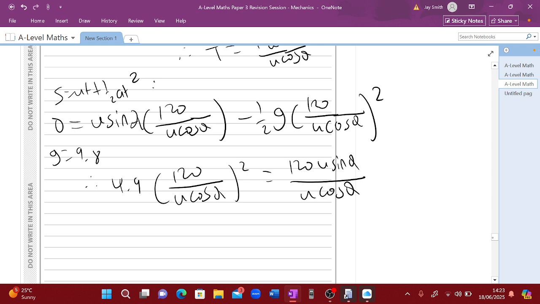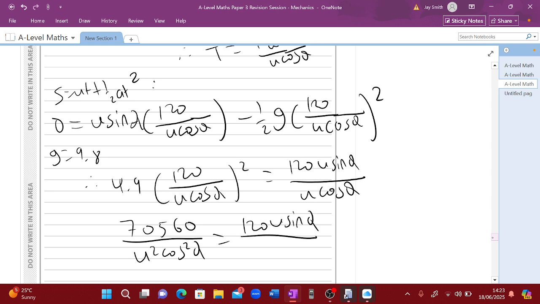So 120 squared times 4.9 will get us 70560 over u squared cos squared alpha, which is going to equal 120 u sine alpha over u cos alpha.